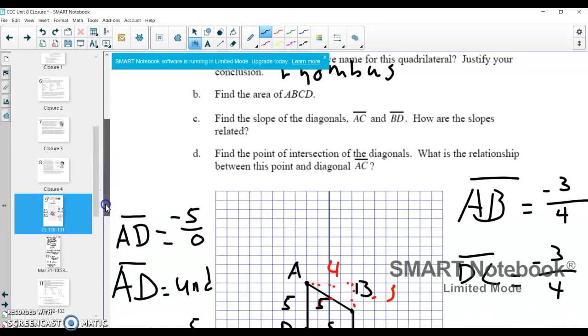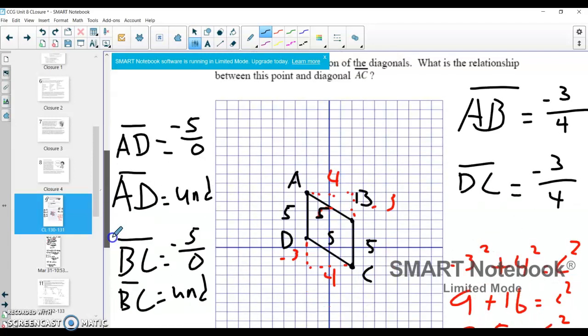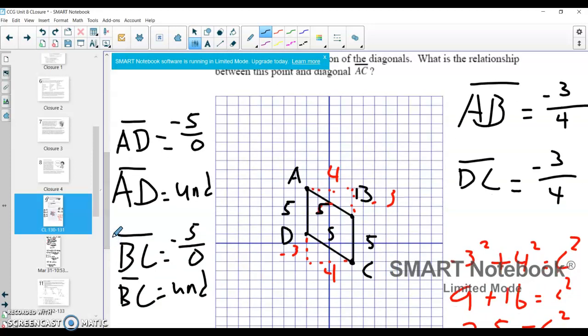All right. The next part is we need to find the area of A, B, C, and D. And it's really not too bad. Even with the markings I have on here, they actually help me now.